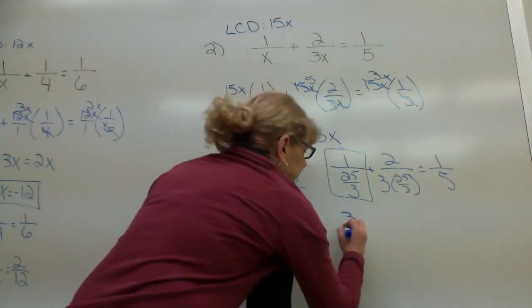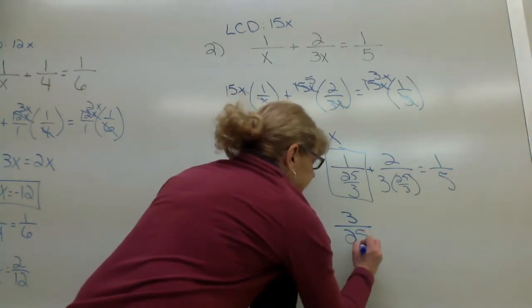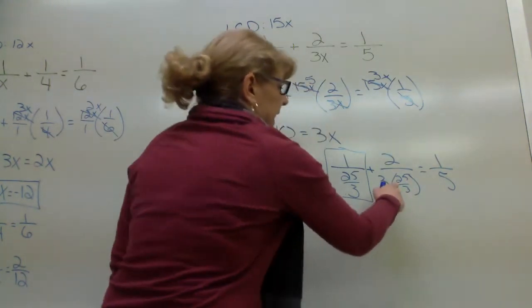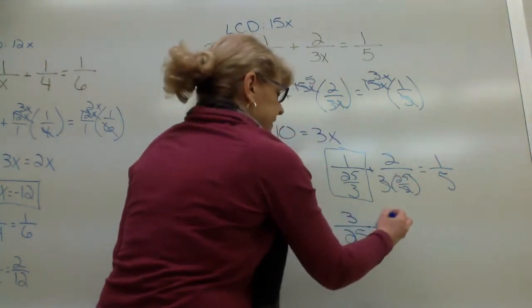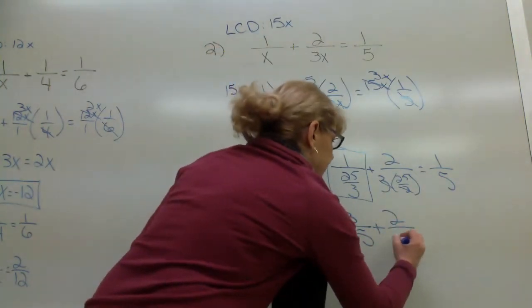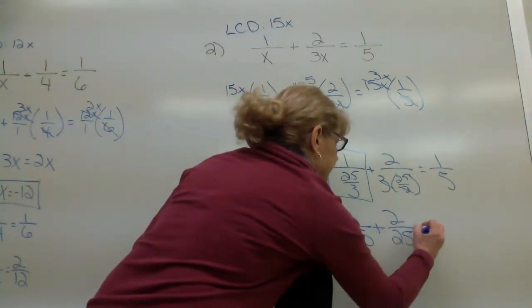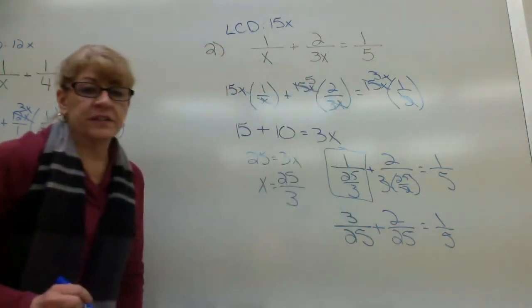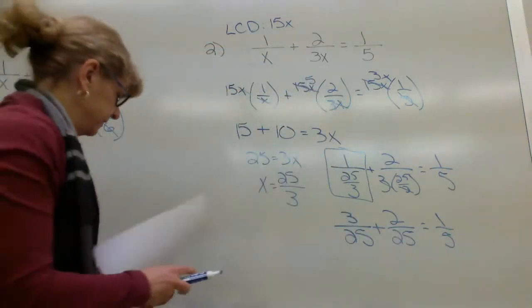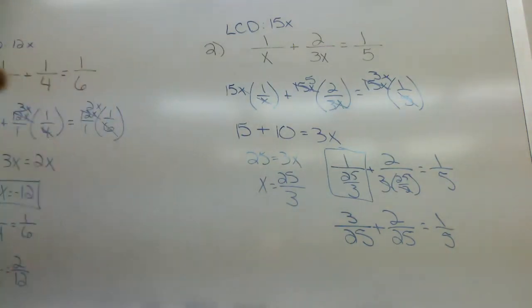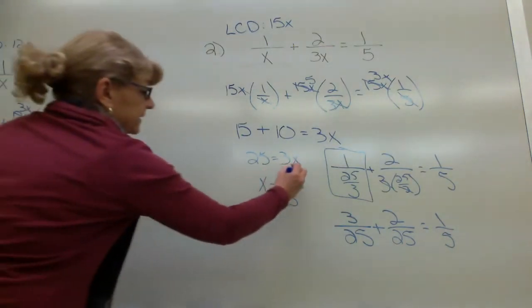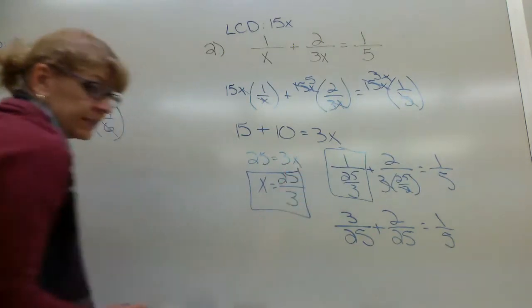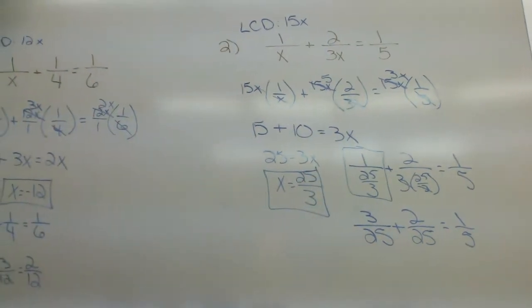That's going to give me 3/25. And here I can cancel those 3's. So I have 2/25 gives me 1/5. So 5/25 is in fact 1/5. So that is the solution, x equals 25/3 is the solution to this problem.